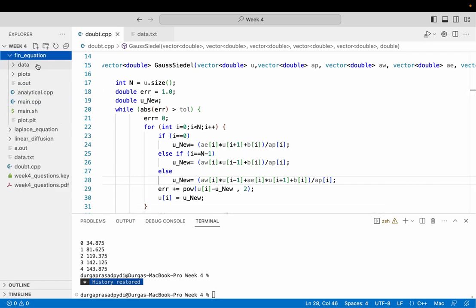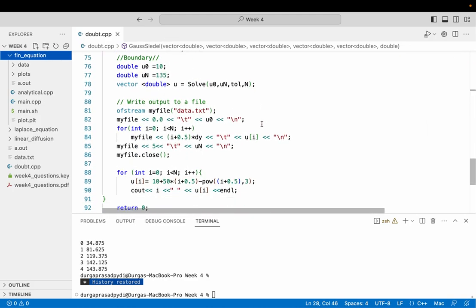We'll go one by one. The first question was on the fin equation. So in the fin equation, it is a 1D equation. So it's the same code that we have been discussing in the previous week.